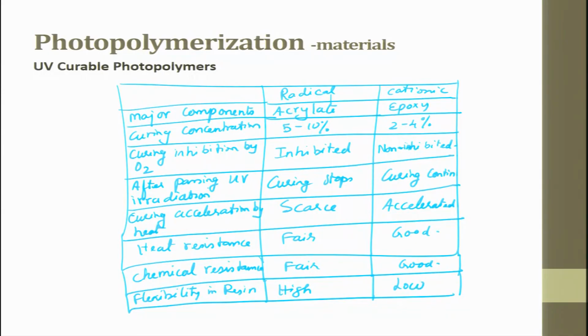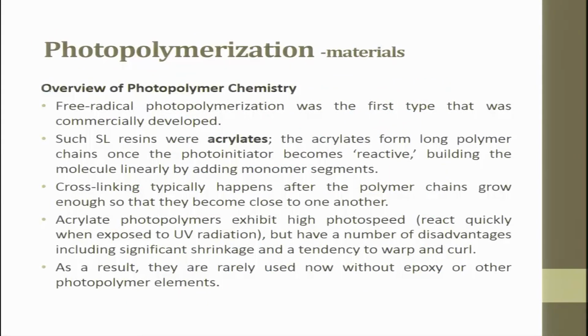So, this table clearly states what is the response of different points in terms of radical and cationic, you can choose which you want for your stereolithography process. The overview of photopolymer chemistry.